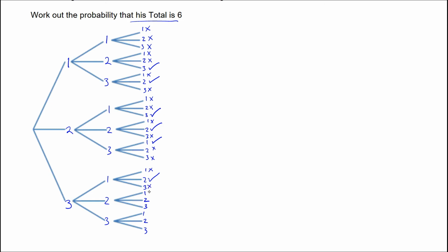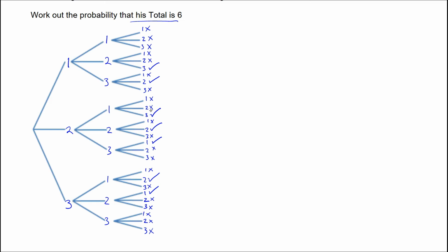That's not, that's a total of 6. All of these are not giving us a total of 6. So let's find out how many there are. 1, 2, 3, 4, 5, 6, 7. So this can happen 7 ways.